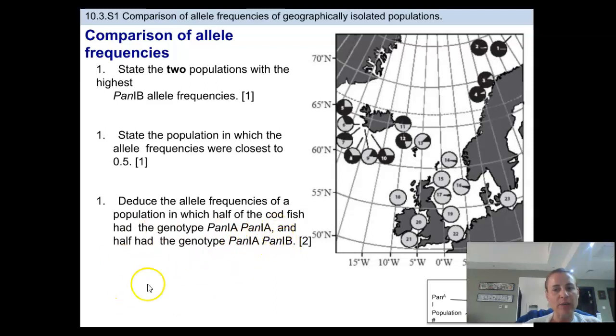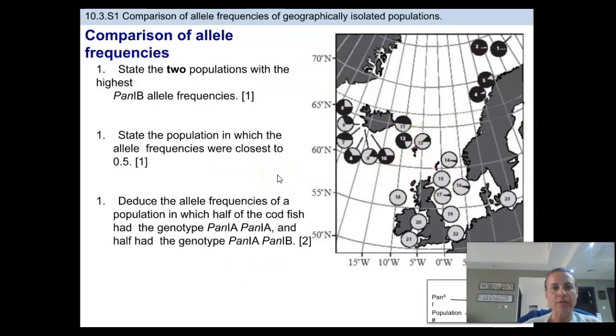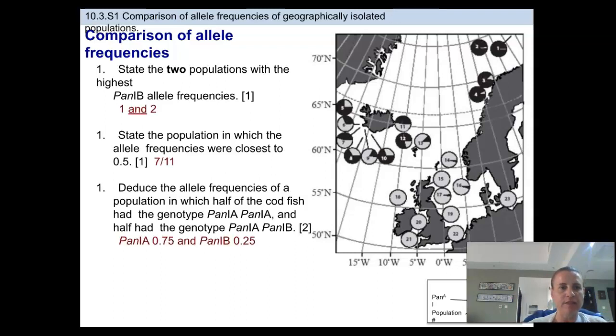Here you might want to do a little Punnett square. Just to go back, pan-IA is the grey part, and pan-IB is the darker part. If you could just pause the video at this point and have a go at those questions, please.